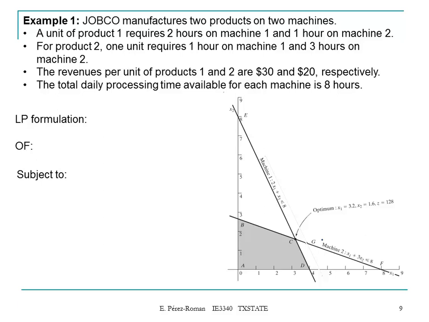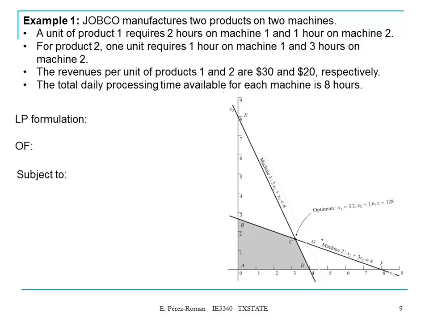So we have 2 different sequences for the 2 different products. The revenue per unit of product 1 and 2 are $30 and $20 respectively. And the total daily processing time available for each machine is 8 hours. So we are looking at a single 8-hour shift, and we need to decide how many units we're going to produce from each product.